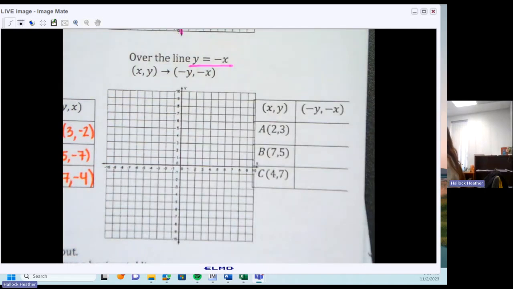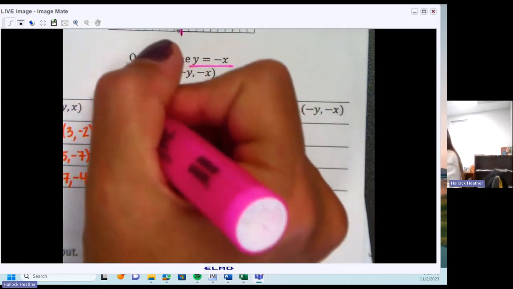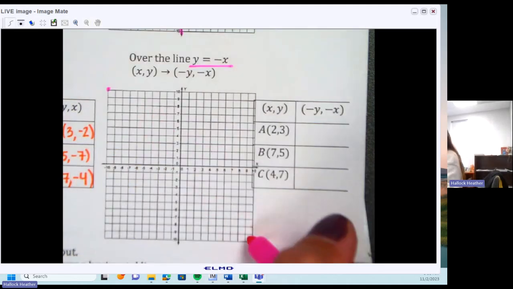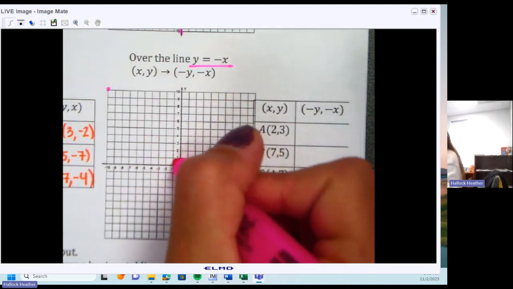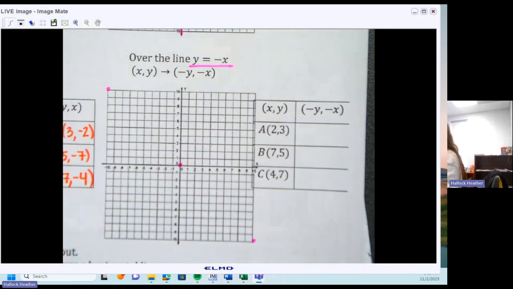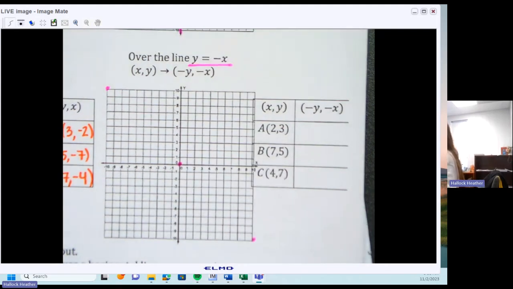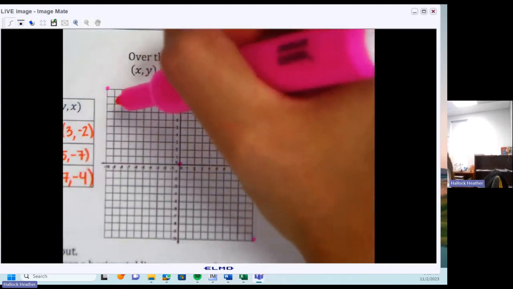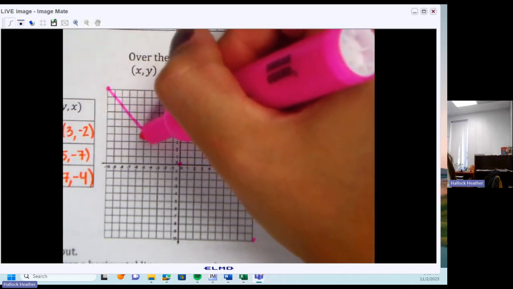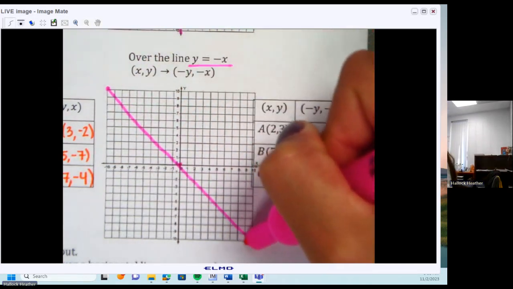So I should have a line that goes down from left to right, meaning it's starting in the top left corner and ending in the bottom right corner. It's going through the origin. So I just put a point, point, and a point, and then I'm connecting those because it's a negative slope. It's going down one and to the right one, starting at (0, 0).